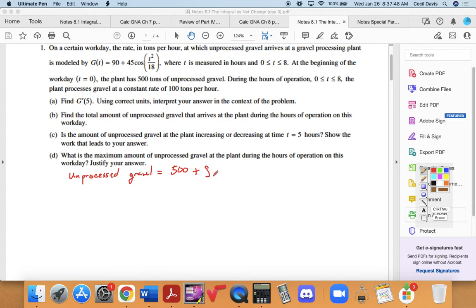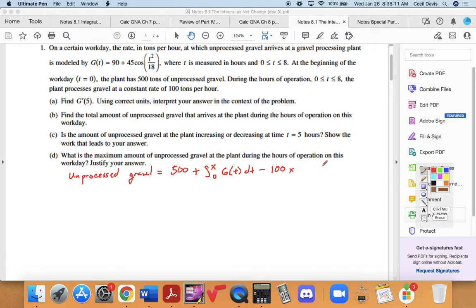So the integral from 0 to x of g of t dt minus 100x.